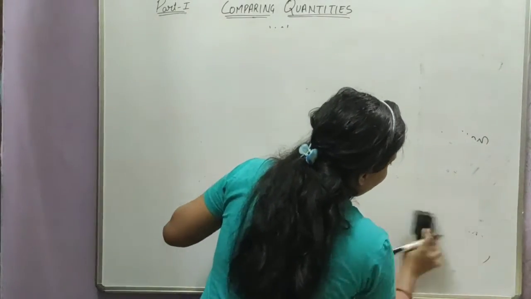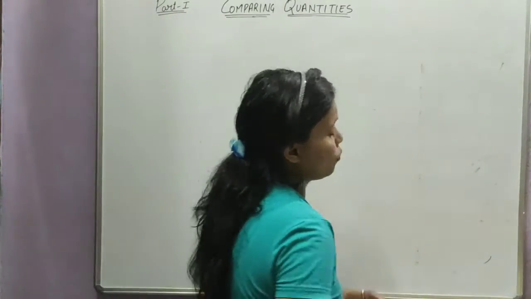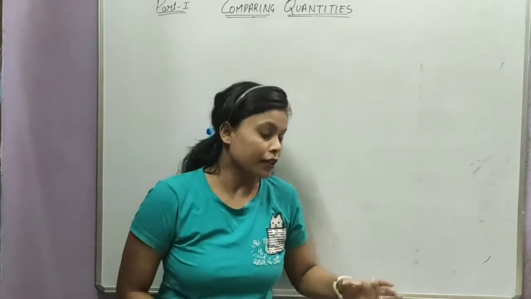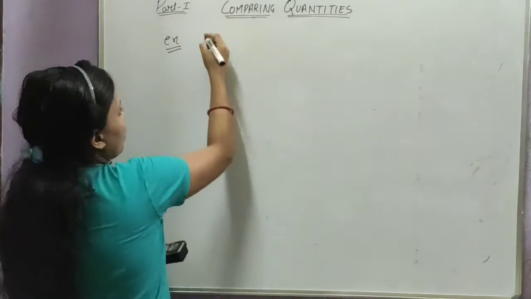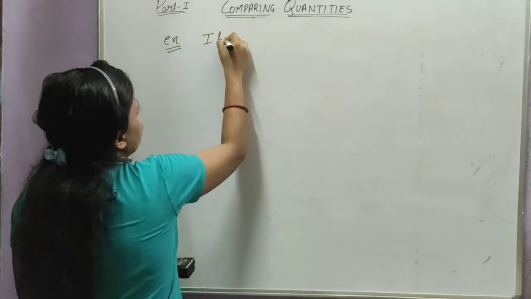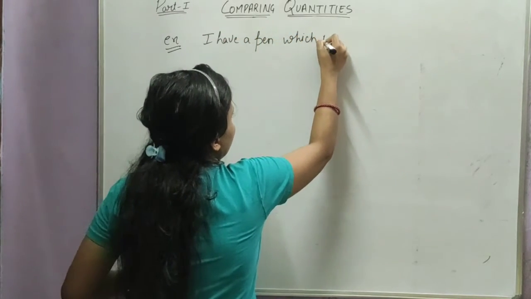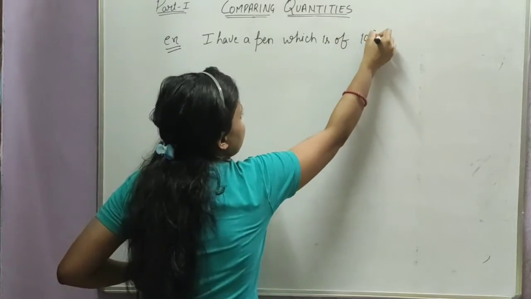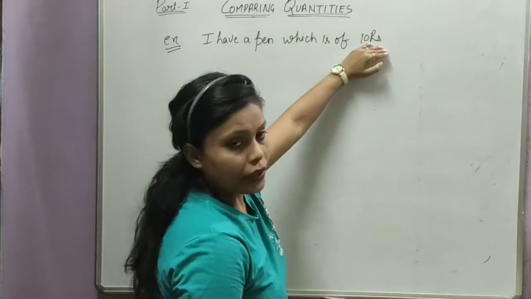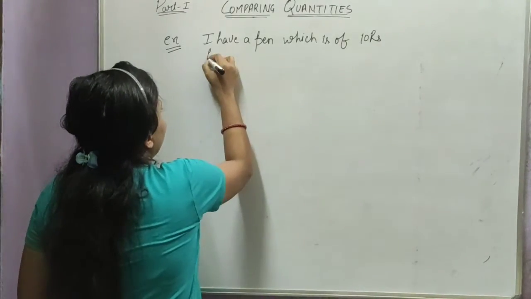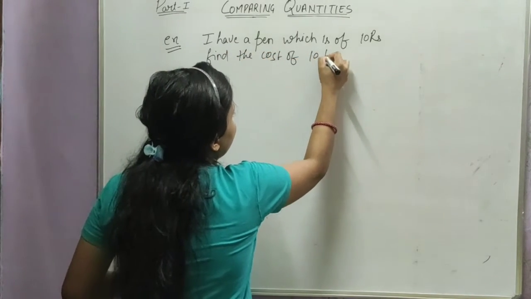Now let's come to the questions. What type of questions should be asked in this chapter? Okay. Let's take an example. I have a pen which is of 10 rupees. Okay. So I have a pen and it costs 10 rupees. Find the cost of 10 pens.